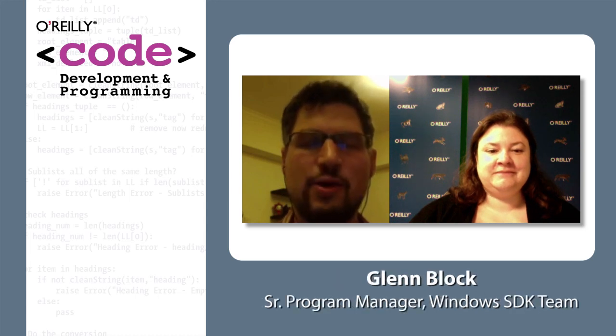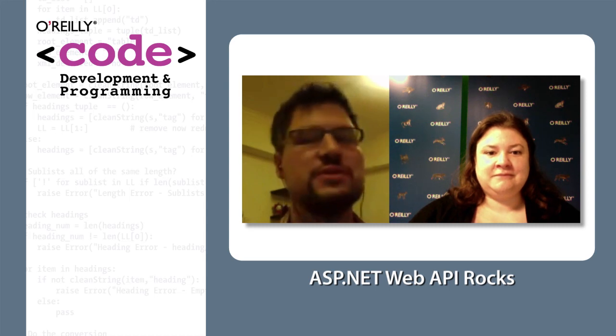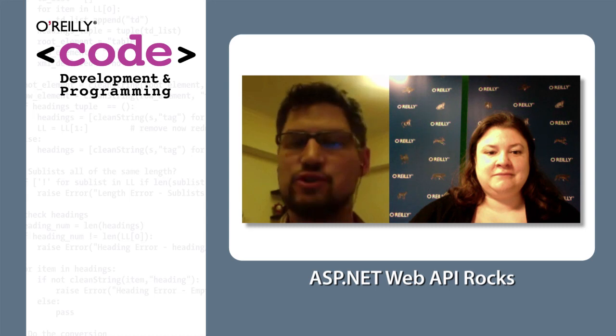So that's a great question. What Web API really is designed for is when you have clients that are beyond just browsers that are consuming lightweight services over HTTP. And we see a big trend.